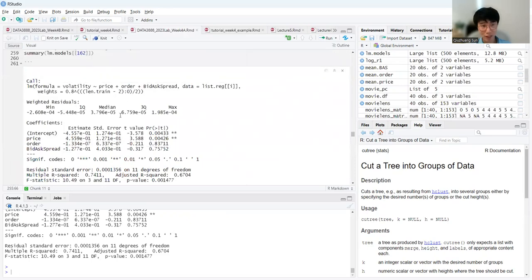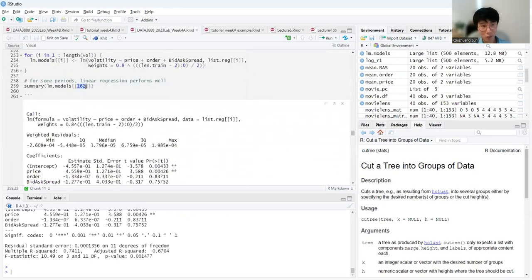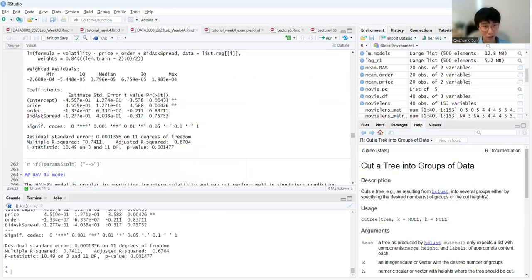Okay, you can see that I just pick one of the 10-minute time buckets here, and the R square is 0.74. It is very satisfactory because it is real-world data, right? We just use three very simple covariates to make predictions, and you can see that the price is the most significant one.